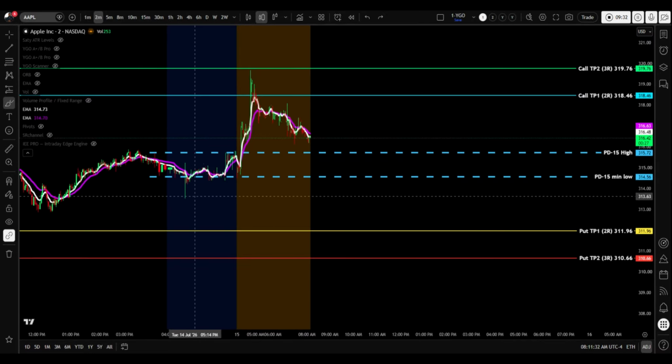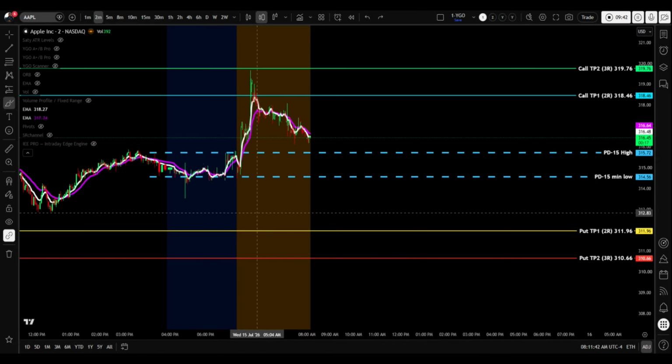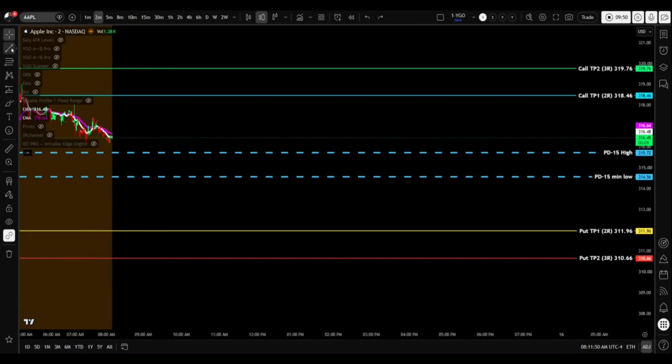So I'm not looking for, say, this wick here. Not looking for a quick wick and that's it. No, I need that retest and a full close and then coming down. Let me take that off. Go here, go back here.